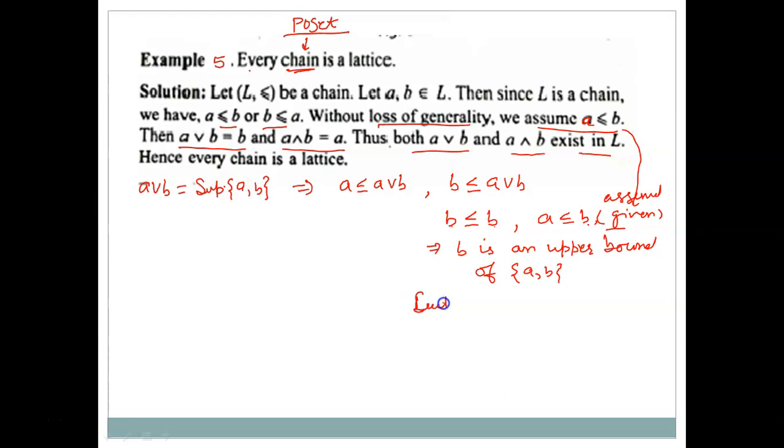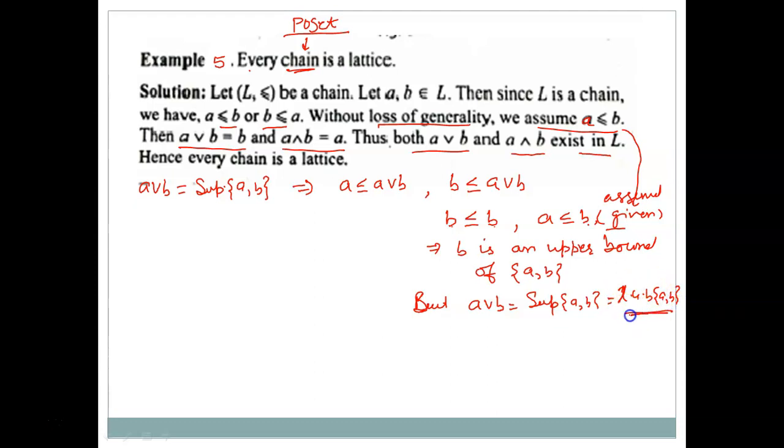But we are already given that A join B is the supremum of {A, B}, that is the least upper bound of {A, B}.